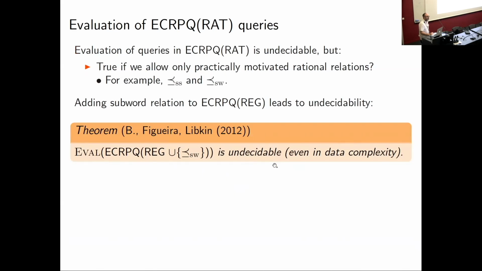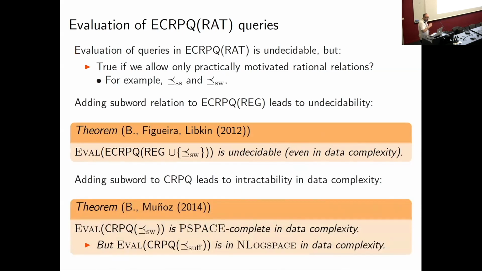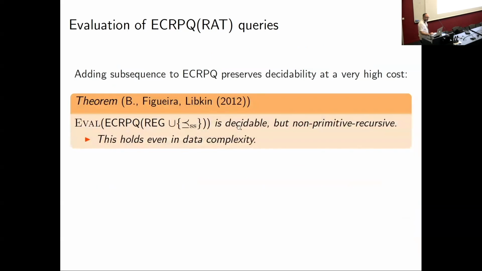And if you add subsequence, then things are decidable, but non-primitive recursive. So not even non-elementary, non-primitive recursive. This is even more difficult than that, even in data complexity.